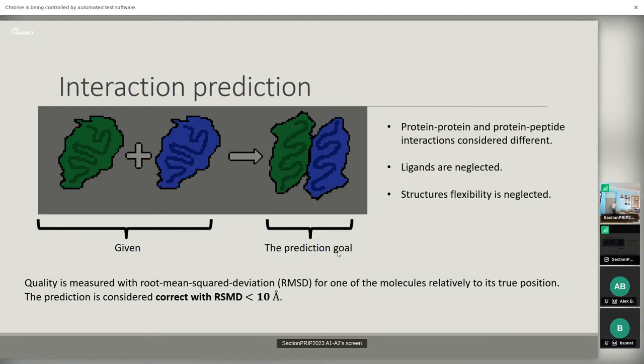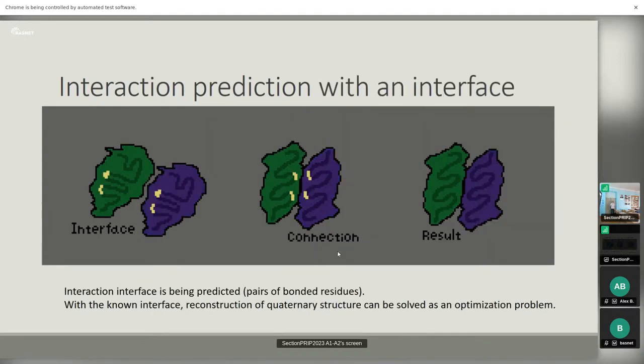So, the most popular way to predict interaction is to predict an interface. What is the interface? The interface is a set of pairs of residues which we say interact, so basically pairs of bonded residues from one molecule and the other.